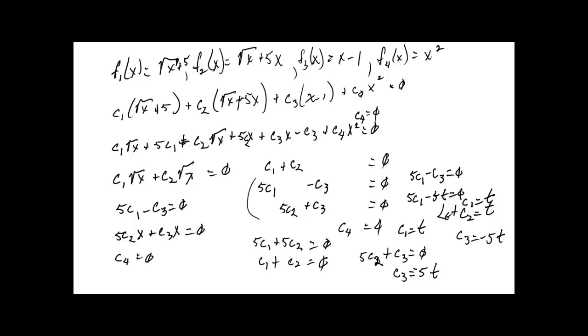I think it's minus t. If C2 is equal to t, C1 has to be minus t because of this, and then C3 would have to be minus 5t because of this one, and then C4 is equal to 0.